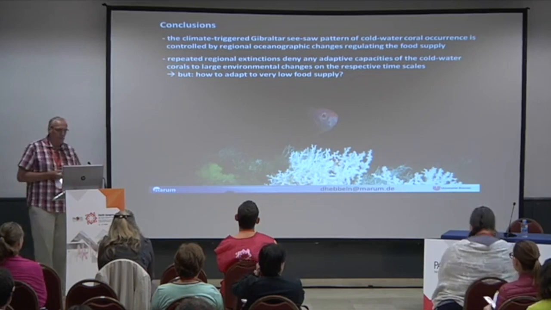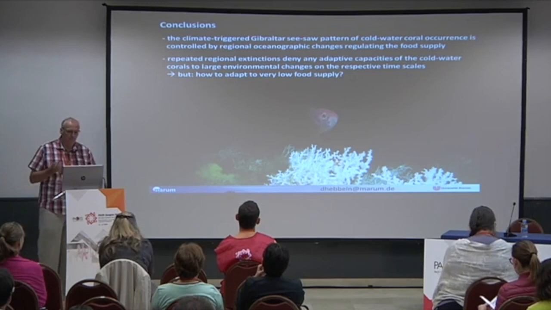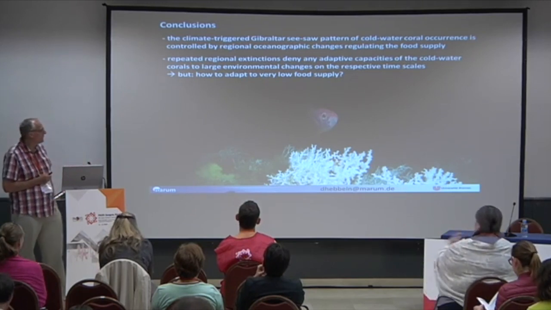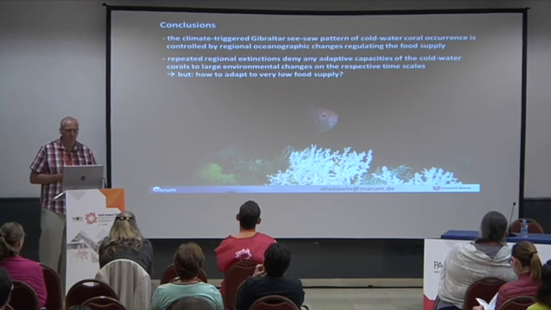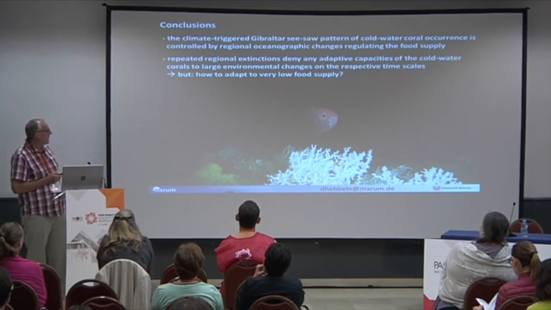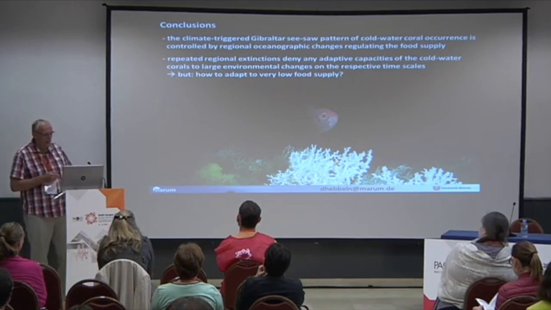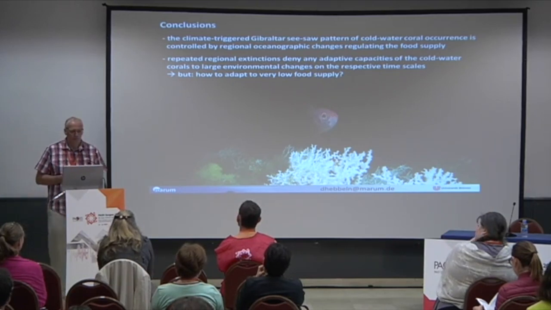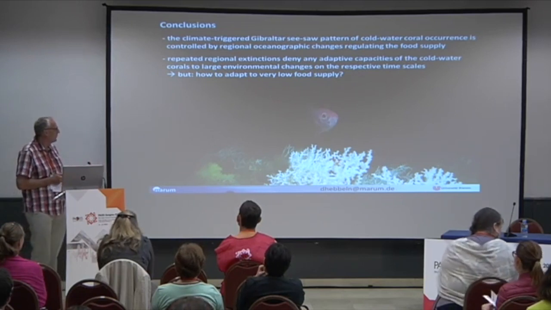When we talk about these repeated regional extinctions, we can say that might be a denial of any adaptive capacities of the cold water corals towards environmental changes on the respective timescales these occur. But again, is food shortage really something you can adapt to?